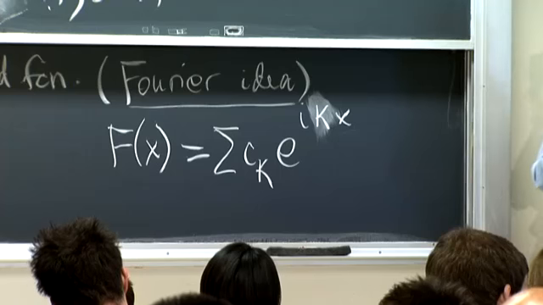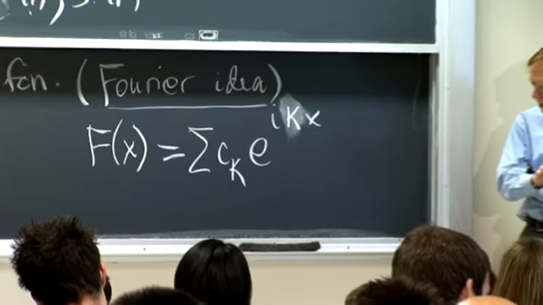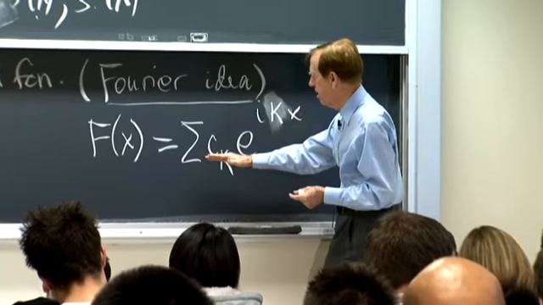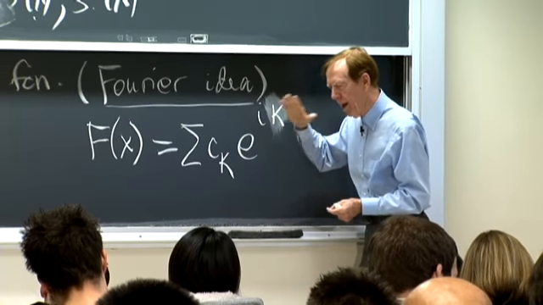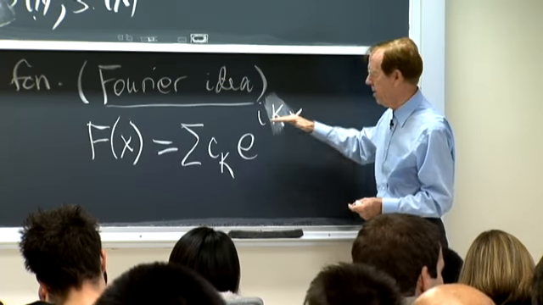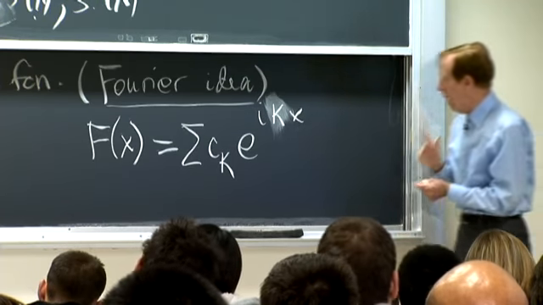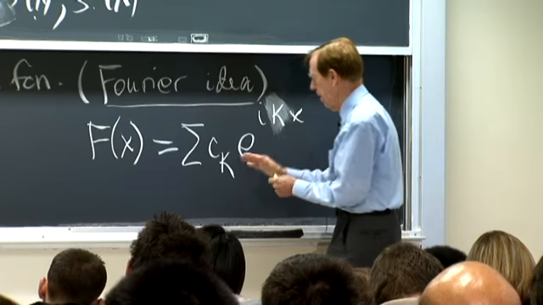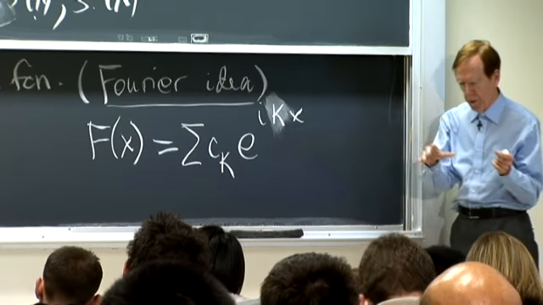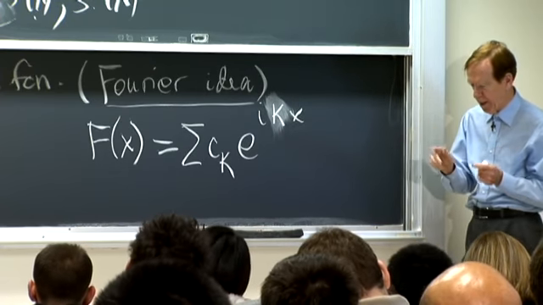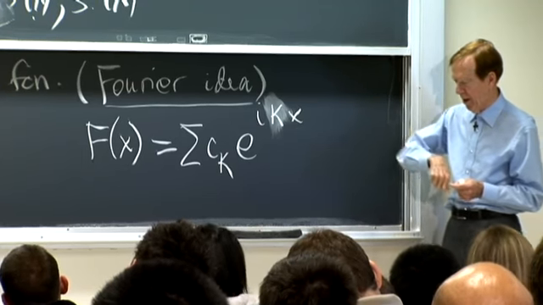That would be a Fourier series, because k has integer values: the frequencies are 0, 1, 2, 3, whatever. That Fourier series comes for functions that are periodic.